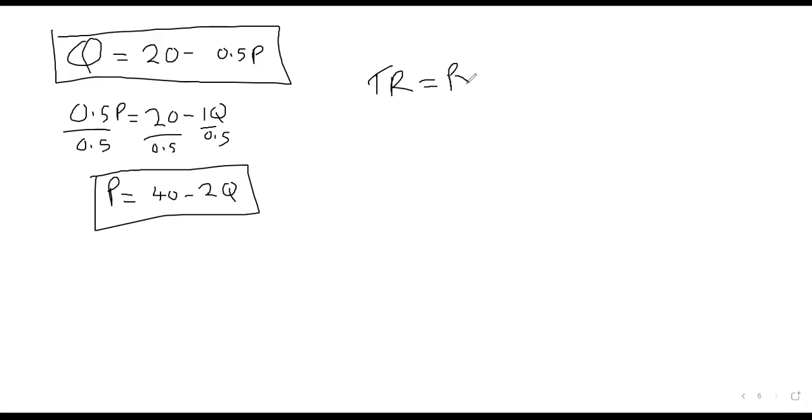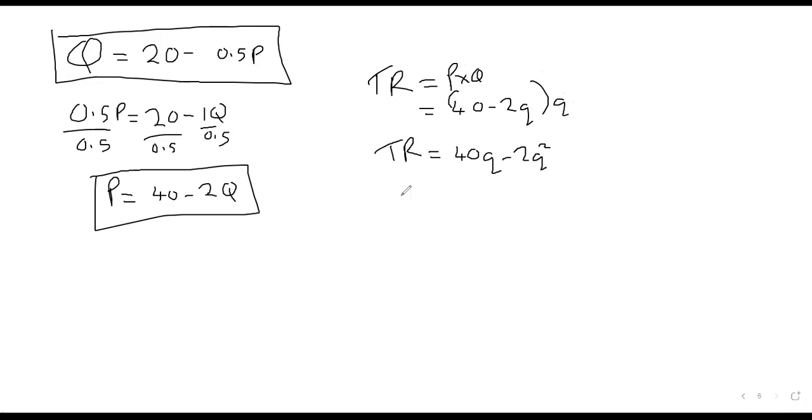So price times quantity, we're going to say 40 minus 2Q, and where there's Q outside there, we impute the Q. So we're going to have our total revenue to be 40Q minus what? 2Q squared. So this is our total revenue function.